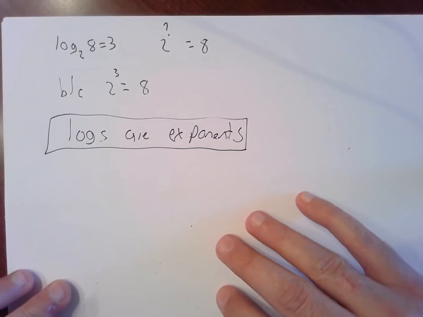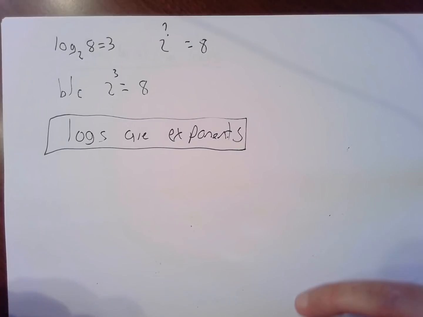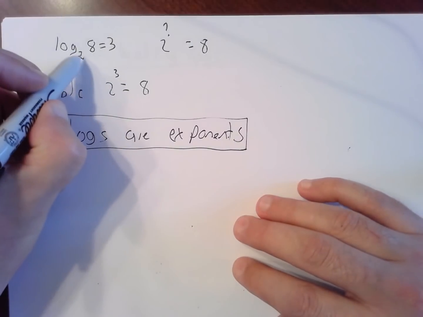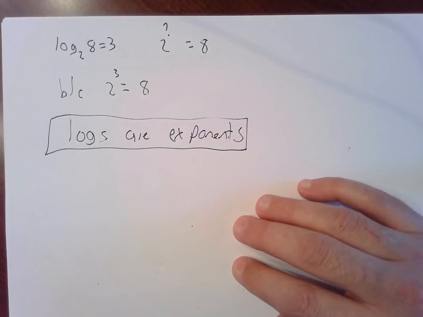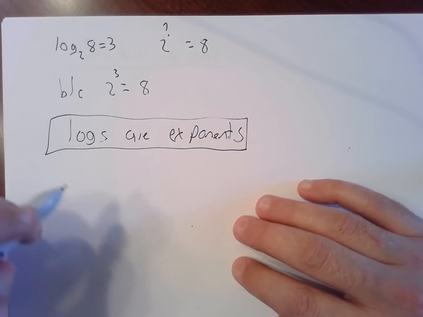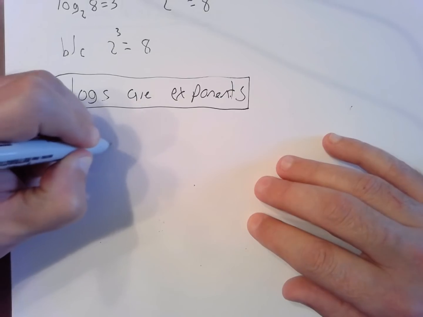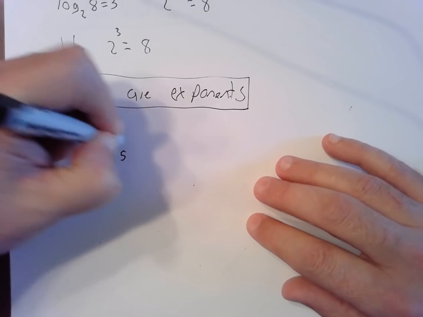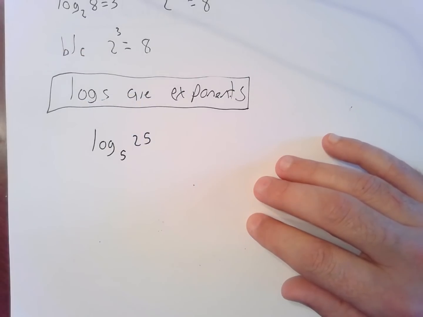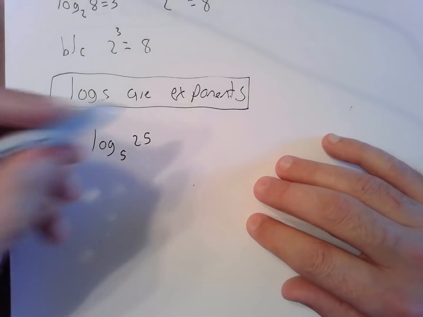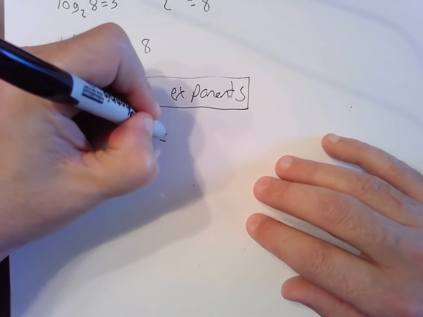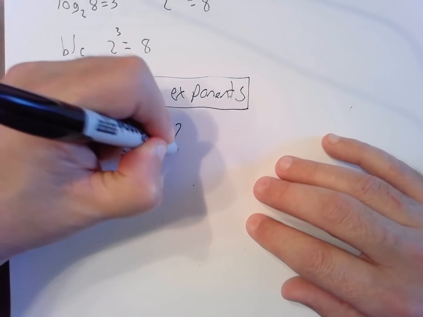The answer to a log question is the missing exponent, the power you would put on the base to get the input. Okay. So let's say we wanted, I don't know, log base 5 of 25 equals what? Some question mark.